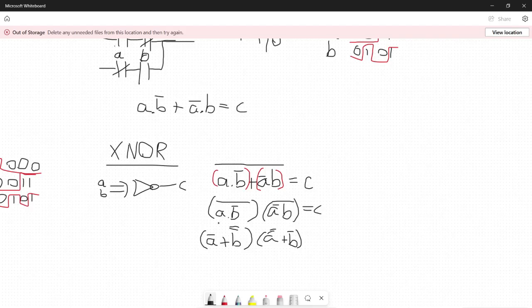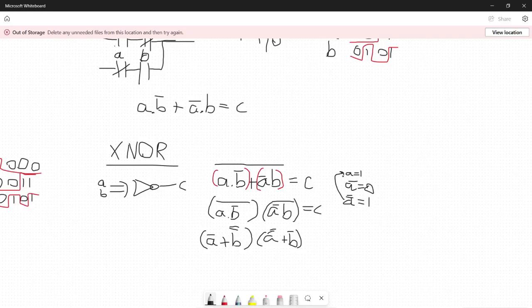Well, if we think about it in practice, let's say A is equal to 1. Then A invert would equal 0. Now, if we invert A invert, well, if A invert is 0, then we're going to get 1.